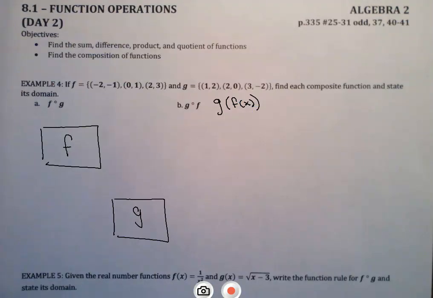Okay. So the first one we're going to do then is g of f of what? What's my first x value in my f function? -2, right? That's the first value I can put in. All right, so what do I get out of my f when I put in a -2?